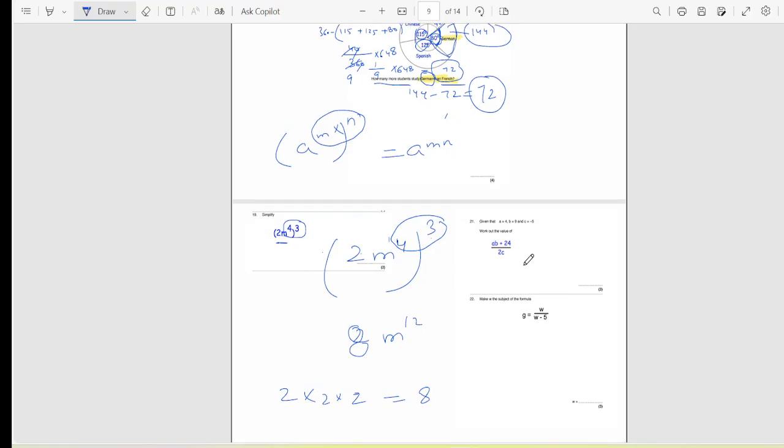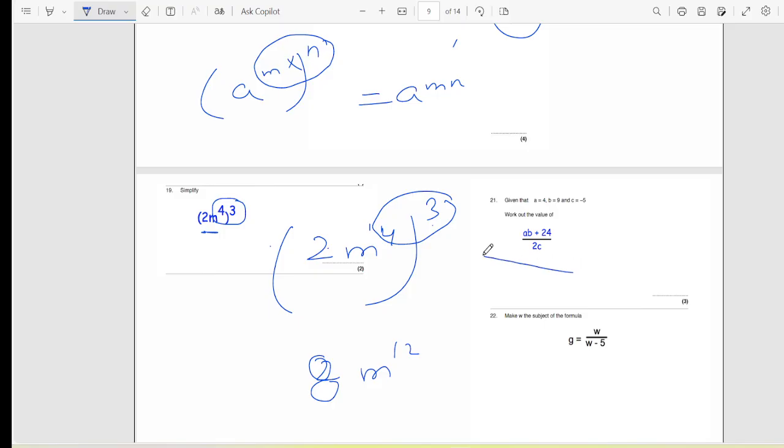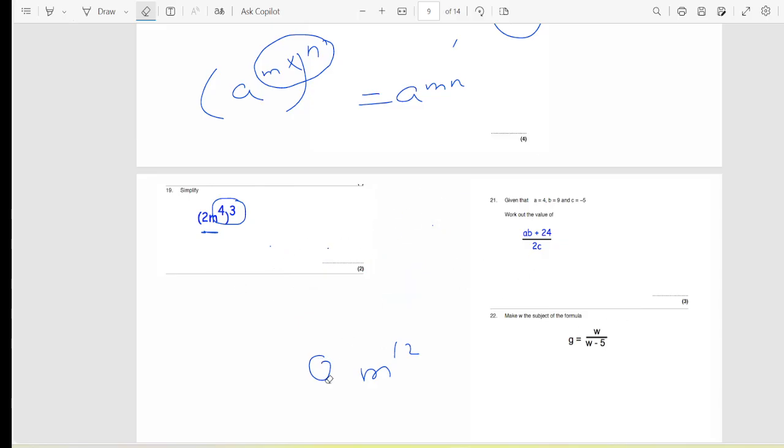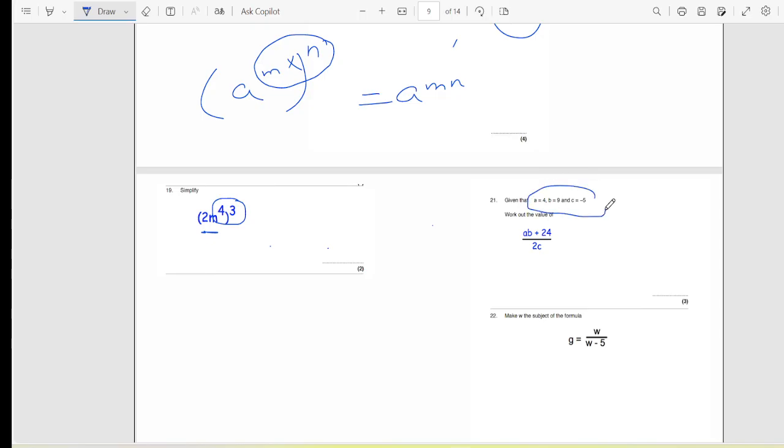Okay. And next question, let me erase this. The values of a, b and c are given. We have to work out the value of this. So a is 4, in place of a I will plug in 4, times b, which is 9, plus 24, over 2 times c, where c is negative 5.